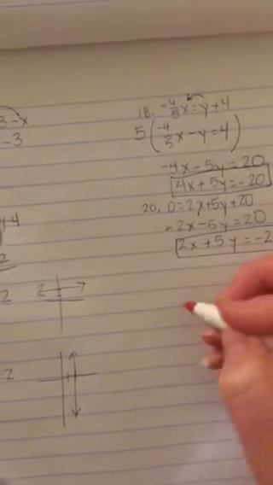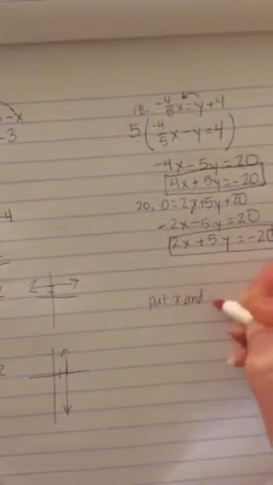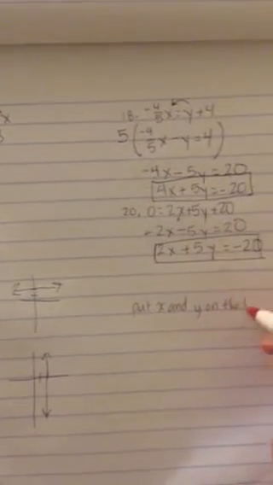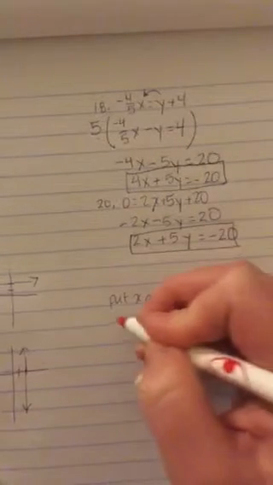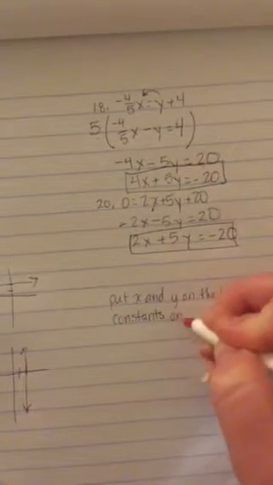So just to kind of recap, to put our equations of lines in standard form, we put x and y on the left. We put our constants on the right.